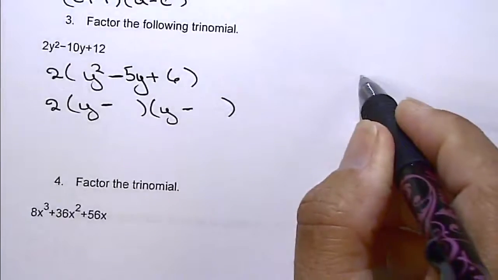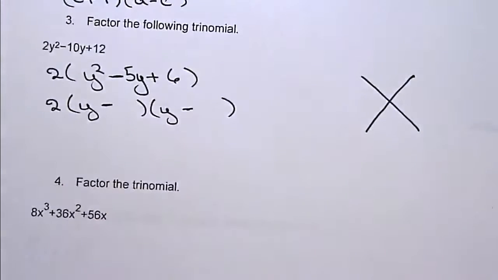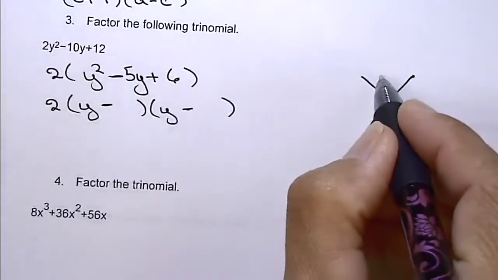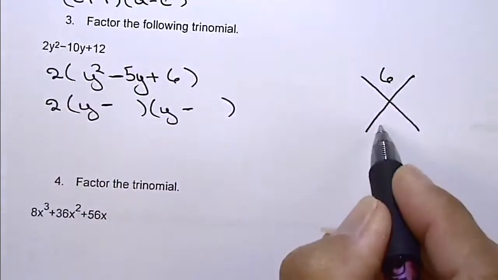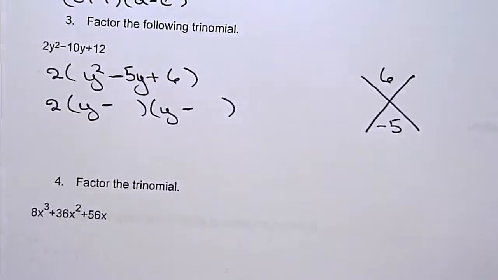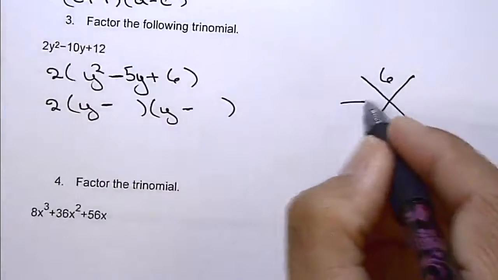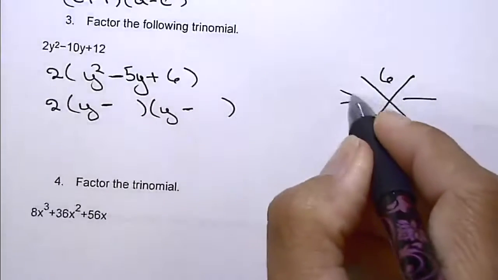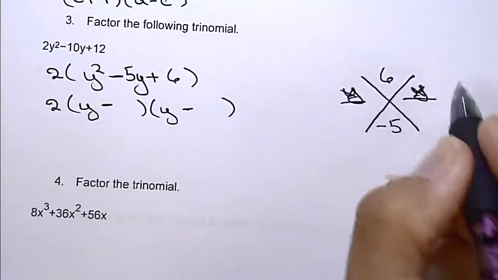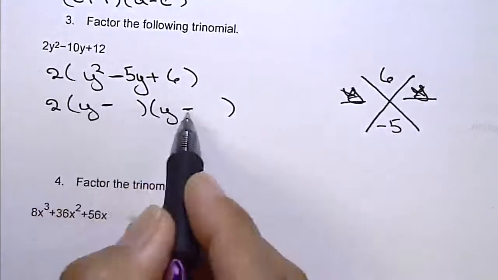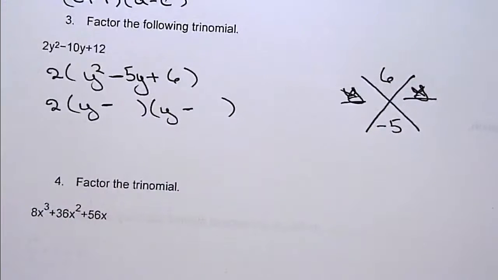I can come over here with my x puzzle, and that's a times c. That would be 1 times 6, up here. Down here is the b coefficient, which is a negative 5. Then I'll come over here with my sides, and I'll put the y's in there, because that's where I begin.